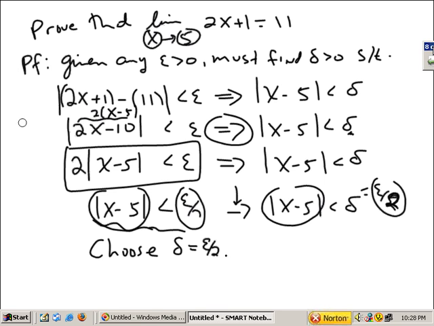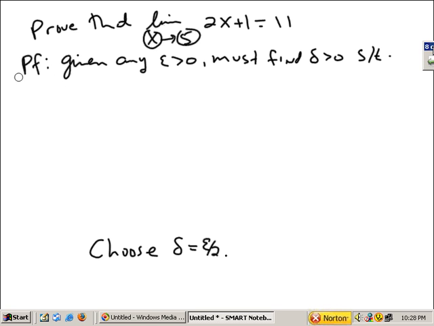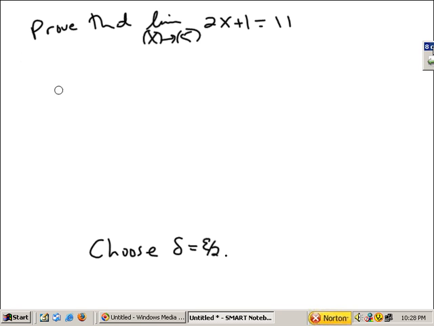So let's get rid of most of this. In terms of a graph, what's going on? So delta is going to be epsilon over 2. The first thing the statement says is given an epsilon. Suppose I say epsilon is equal to a third.